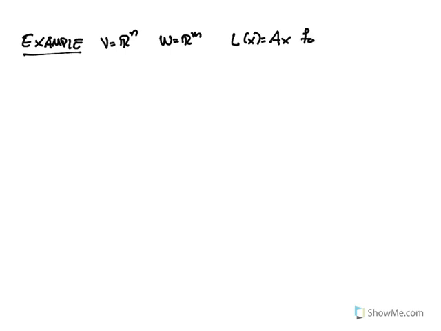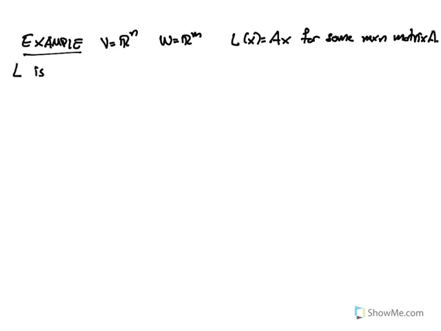So next, let's consider our archetypical example in this course, which is the matrix vector multiplication. So we'll set V to be Rn, we set W to be Rm, and we take L of x to be Ax for some m by n matrix A. Alright, so now what does onto mean?